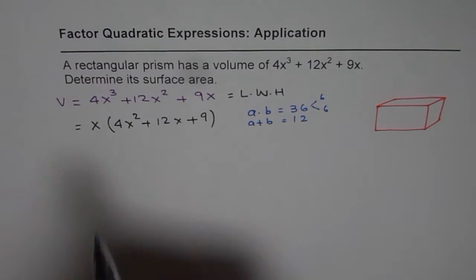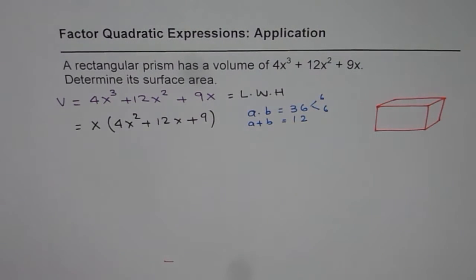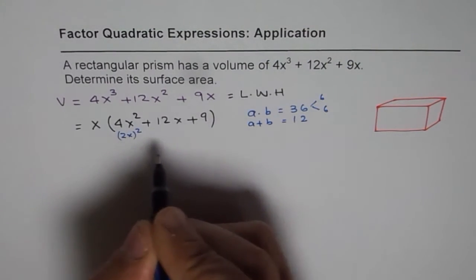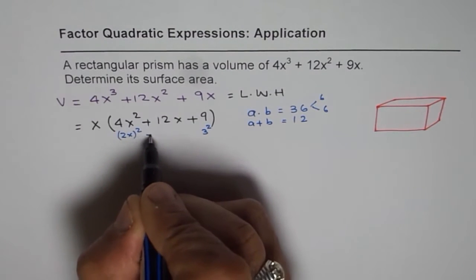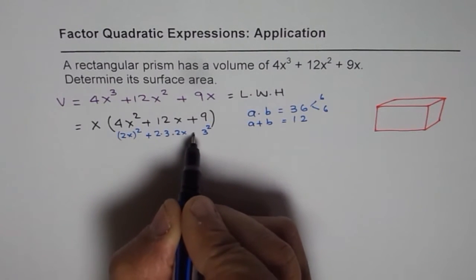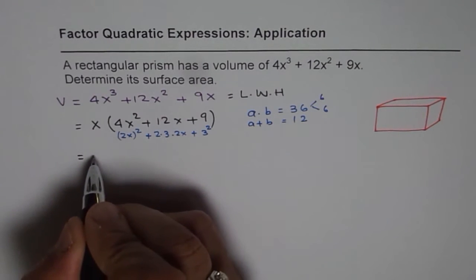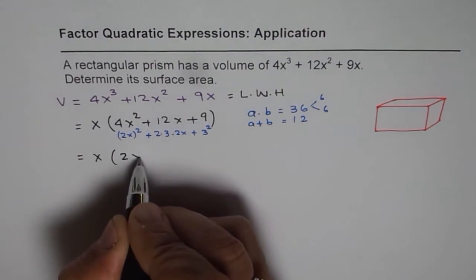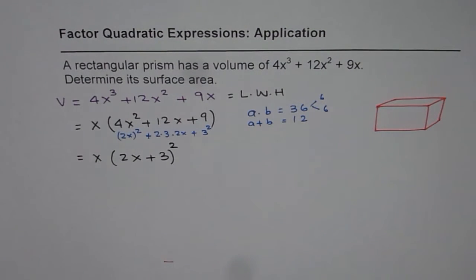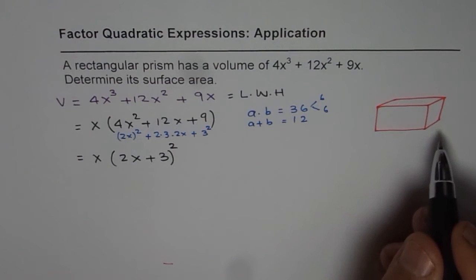The other way is, this expression is a perfect square. 2x whole square, let me write that also just to illustrate. So this is 2x whole square, this is 3 square, and the center term is 2 times 3 times 2x, correct? So this is indeed a perfect square. So we can write it as x times (2x plus 3) whole square. So that means the rectangular prism which we have is a square based prism.